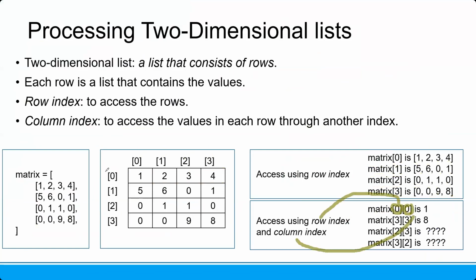So I have the index 0 for the row, and index 0 for the column. So what is the value? The value is 1. So I can get 1.